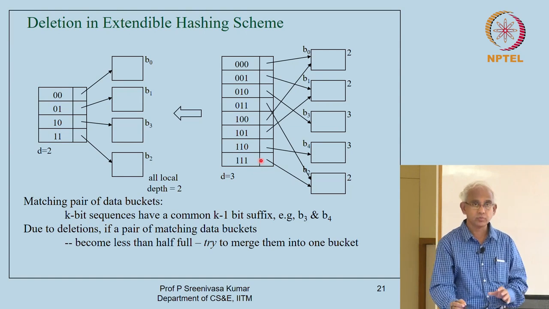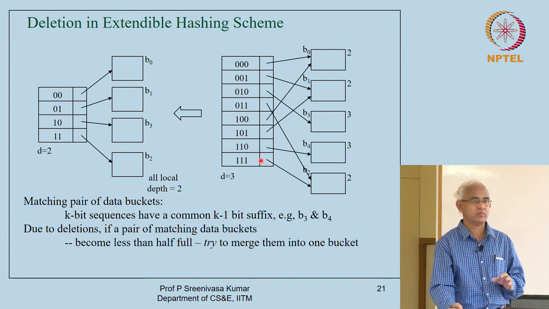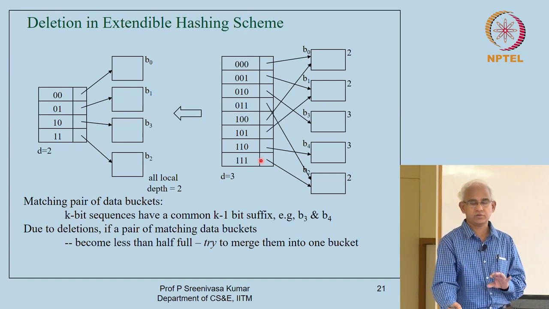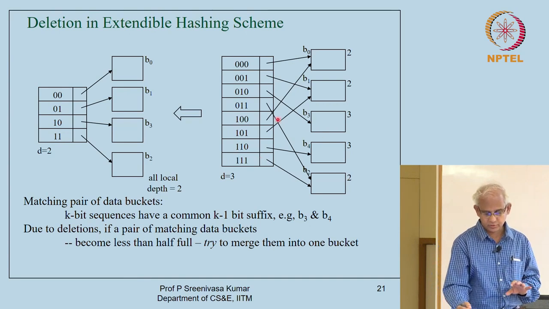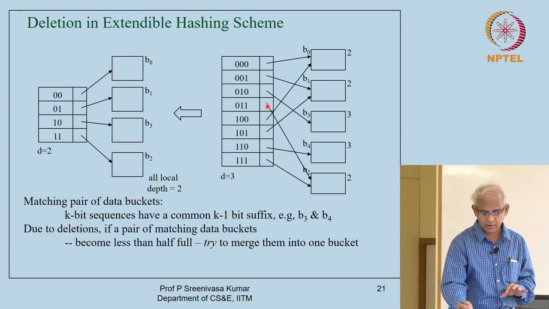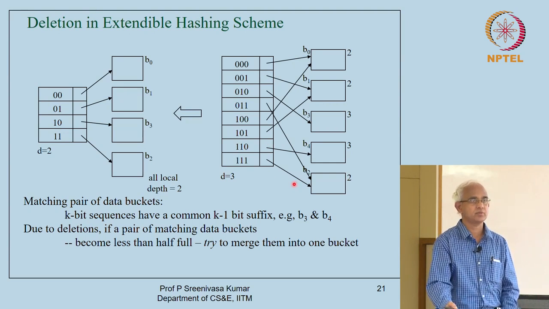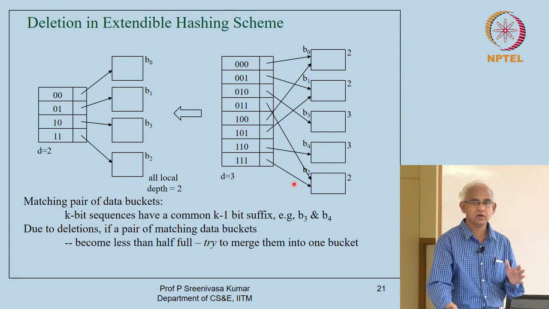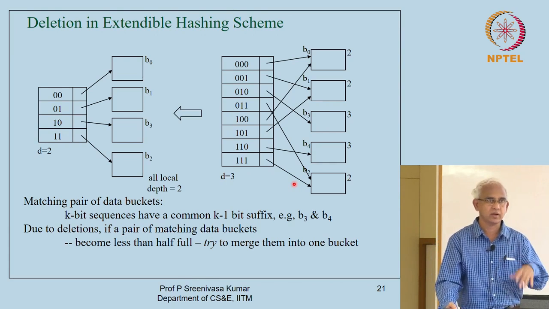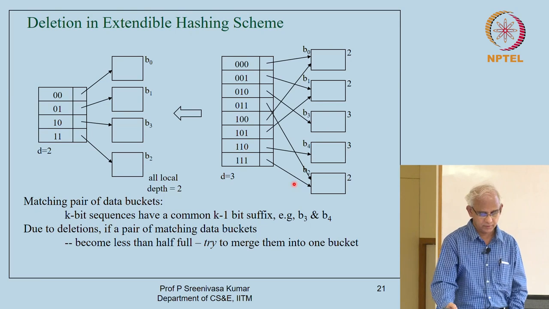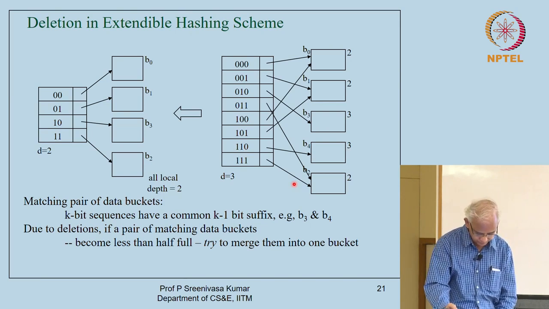So, you can take care of the growth of the file as well as the shrinkage of the file using this nice directory structure. Of course, there is an assumption here that the hashing function hashes the records uniformly across the bucket numbers.